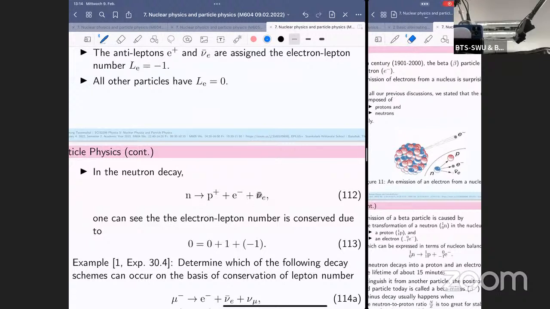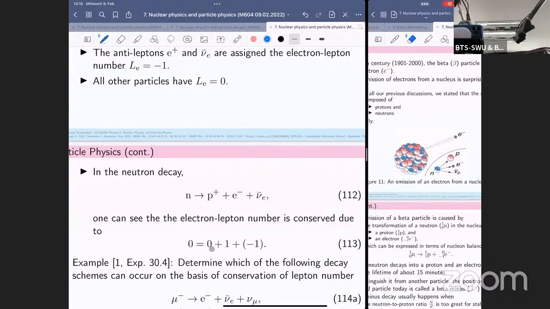And the antiparticle, the electron anti-neutrino would have -1. So the summation on the right hand side, 1 and -1, would remain 0. We will have 0 on the right hand side and also 0 on the left hand side. So that's why we have the equation balanced here. Okay, so when the equation is balanced, it means that in nature we would be able to have this process to take place naturally. All right.